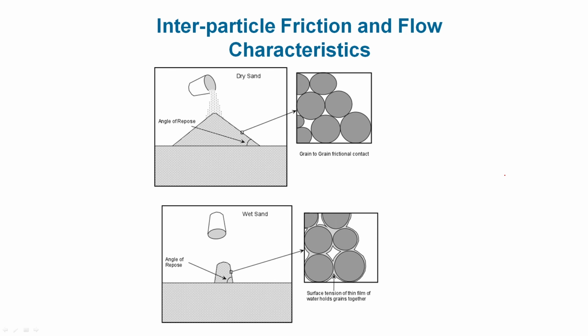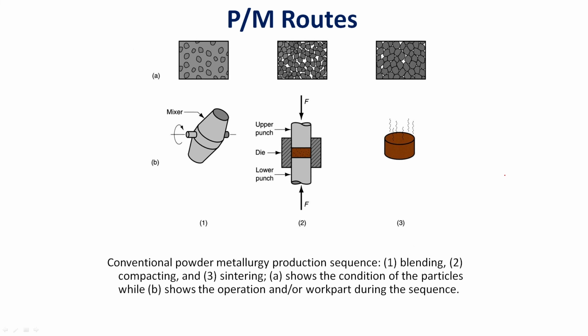And what happens when you put the powders inside a die is that they initially arrange themselves, and that arrangement depends on the particle size, shape and their geometries. So, after this mixing, particles are placed inside a die and then they are pressed by these punches.